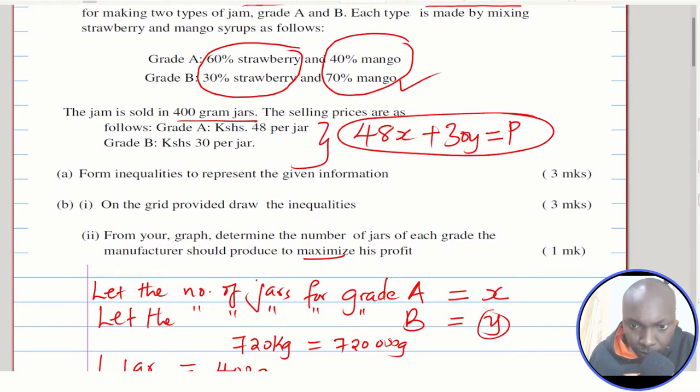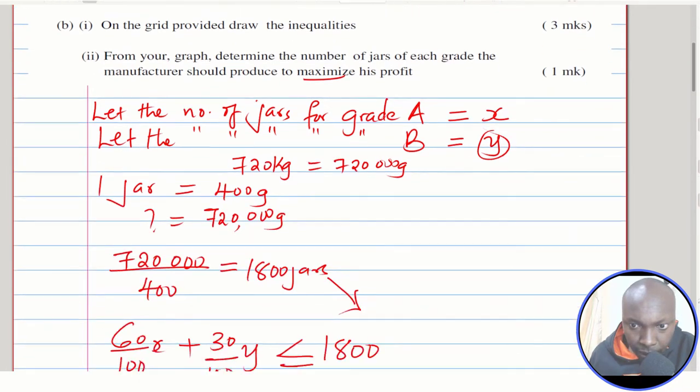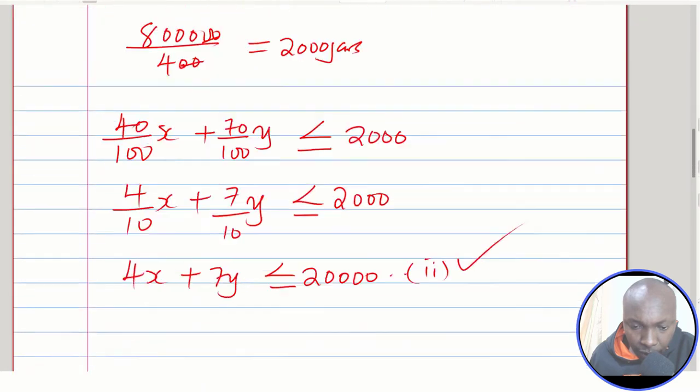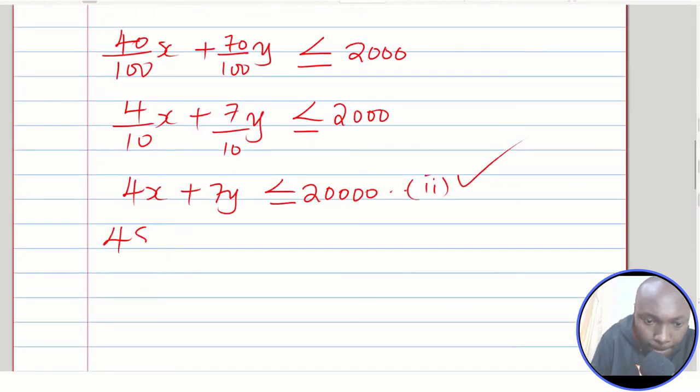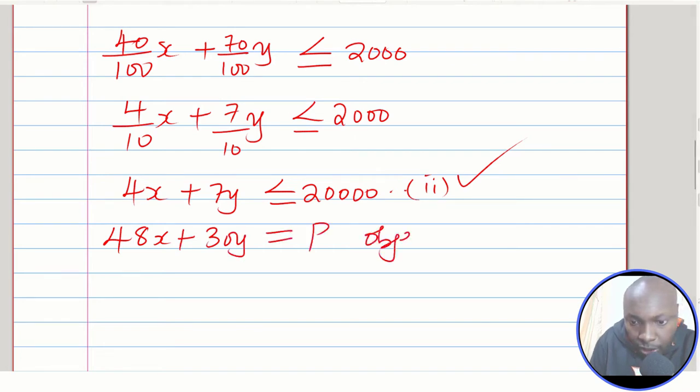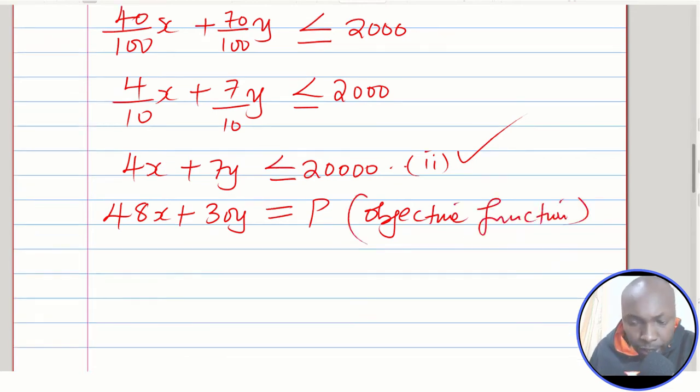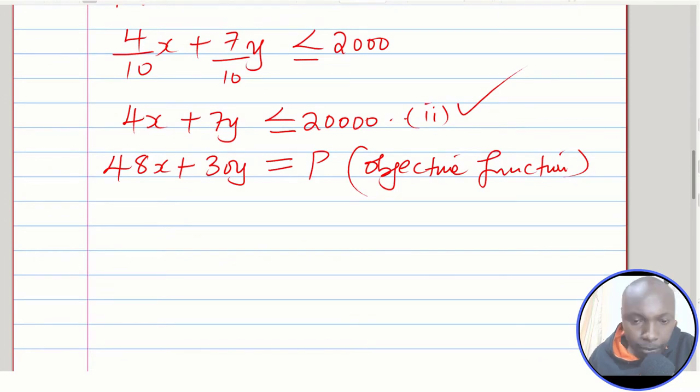So this one is very important. 48x plus 30y. That is called the objective function, and it is the one that is going to assist us to either maximize or minimize the profit. So that is very important.